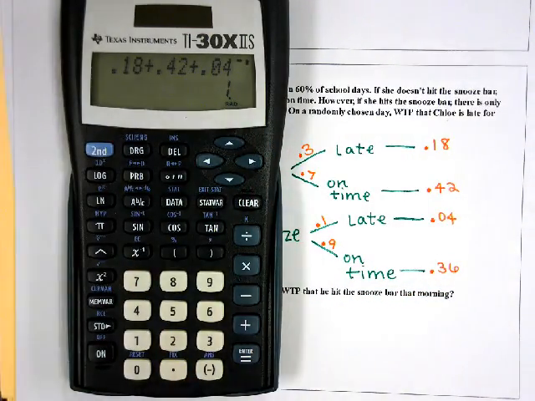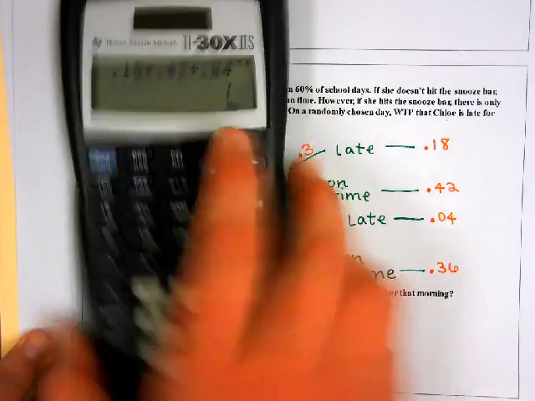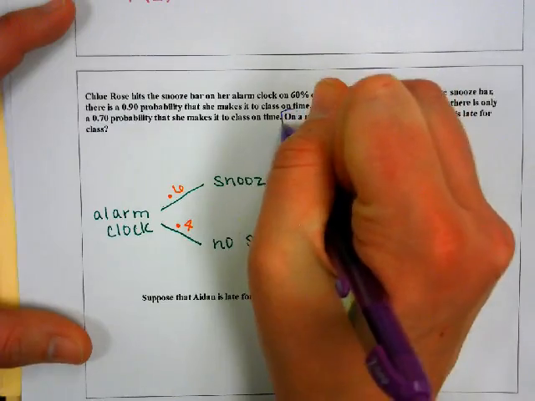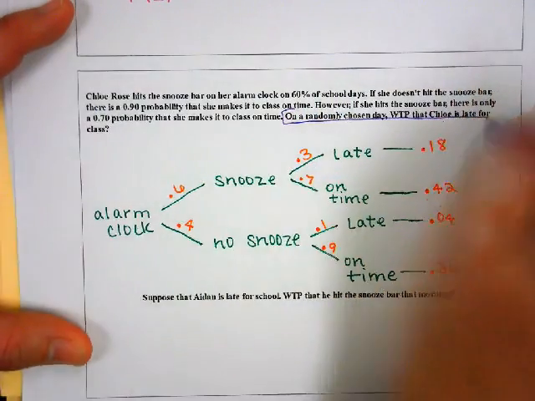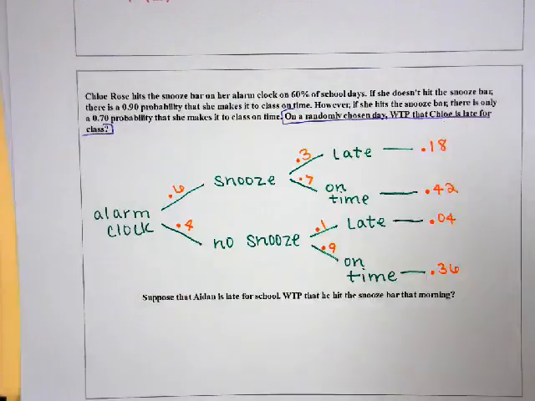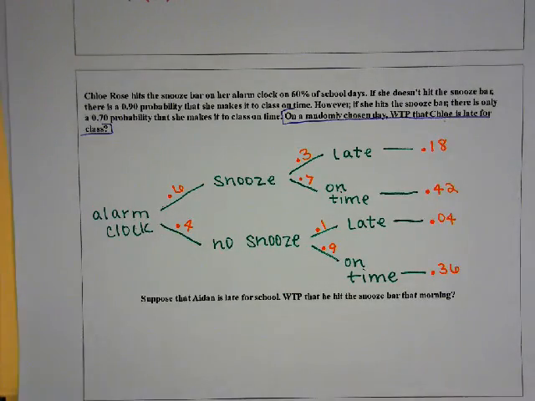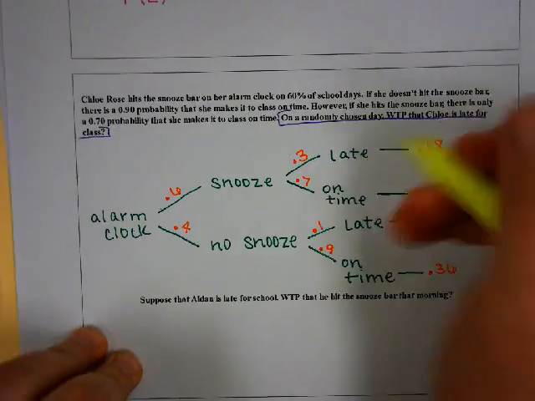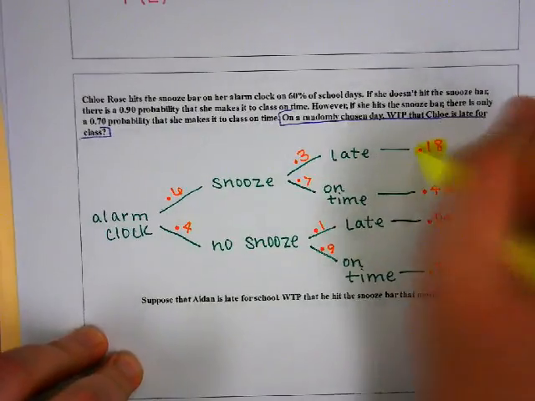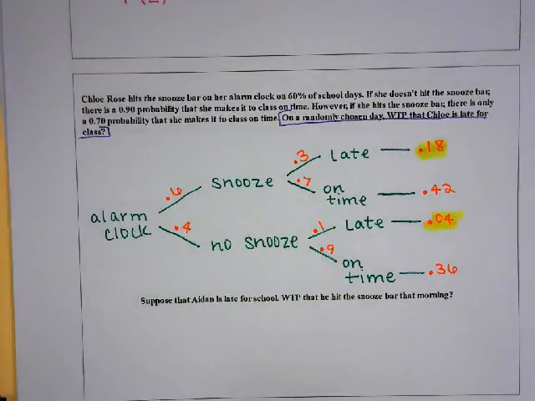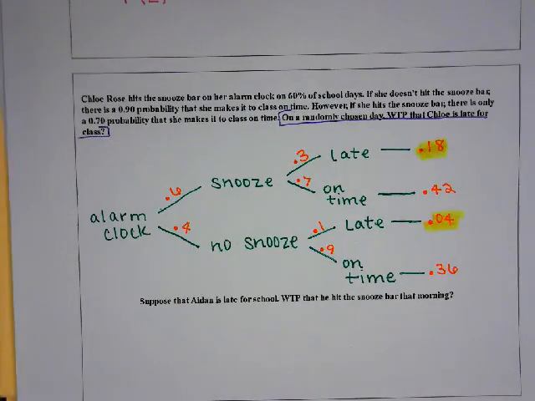And I kind of hit a question in there. It says, on a randomly chosen day, what's the probability Chloe is late for class? So that would be hitting snooze and being late, plus not hitting snooze but still being late. That's the probability that she is late. Let's see, where do I want to write it?